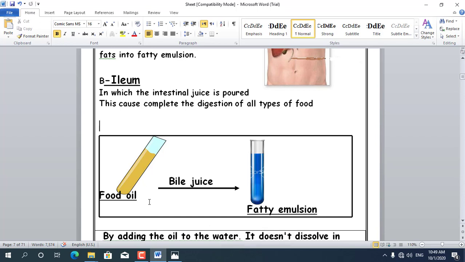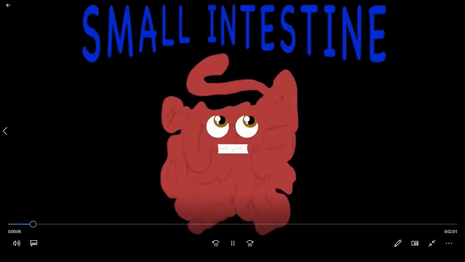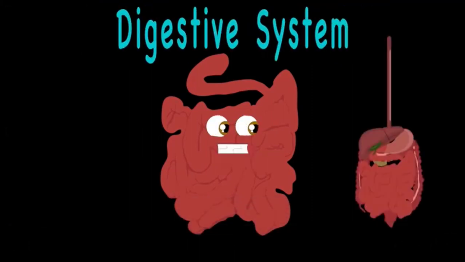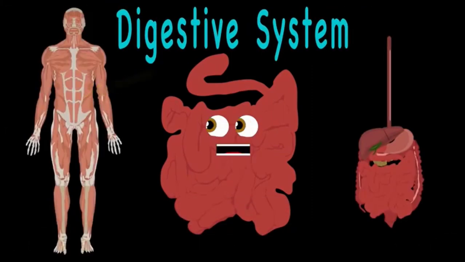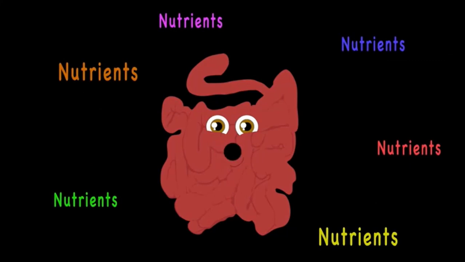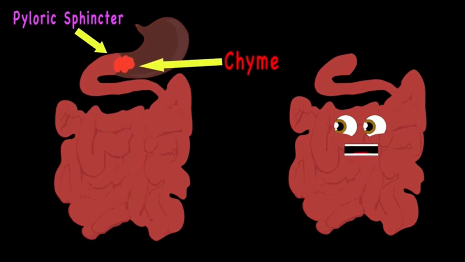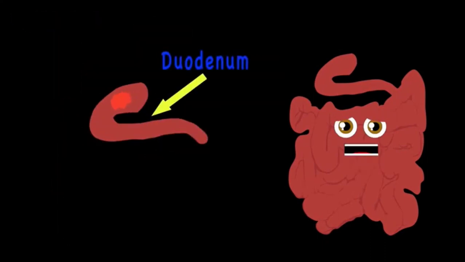I am your small intestine, come journey with me, part of your digestive system, in your tummy I be. I am a 20-foot long hollow tube, you see. I absorb all of the nutrients that you will need. From your pyloric sphincter, your chyme enters me into my duodenum.